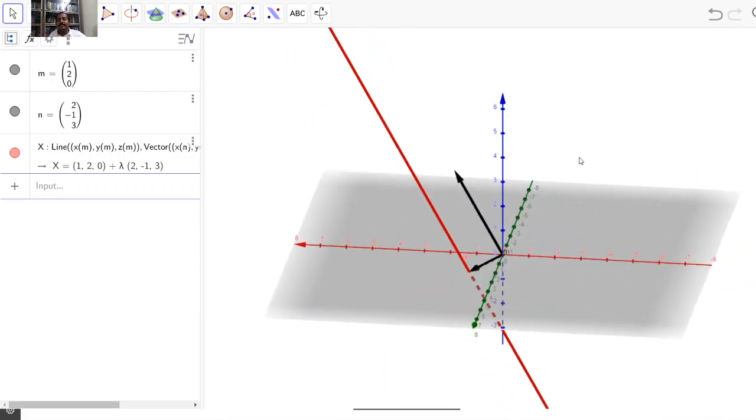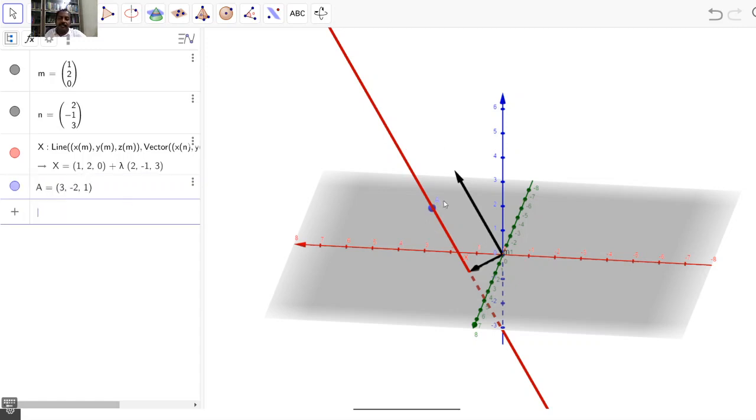What you have to do is find a point. For example, you consider the point A as 3, minus 2, 1.